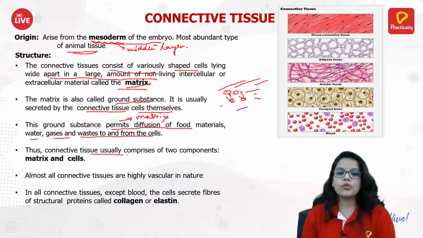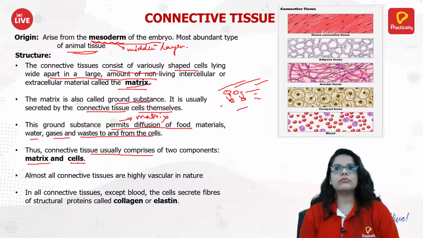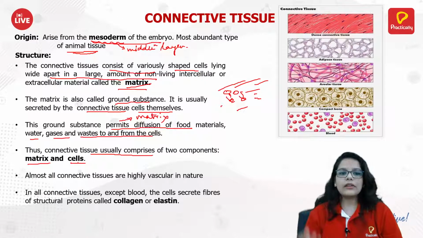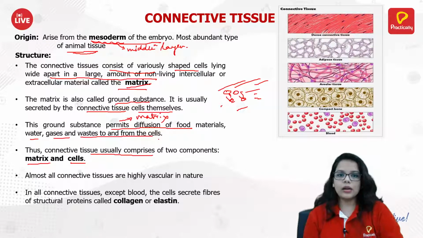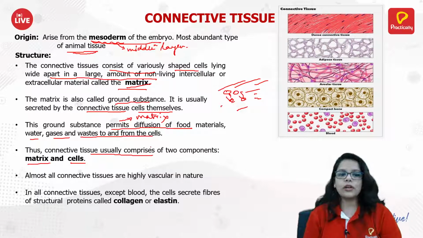Thus, connective tissue usually comprises 2 components, matrix and cells. In the epithelium, we only had the cells, and not a lot of matrix, because they were so closely packed there was no area for it to float around. Here, the connective tissue is made up of matrix and cells.